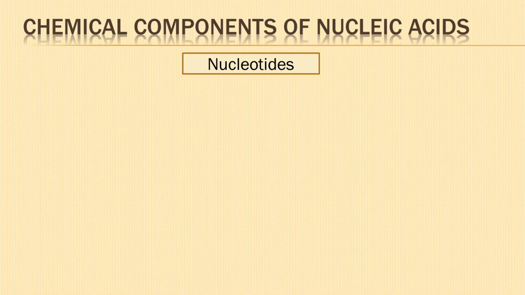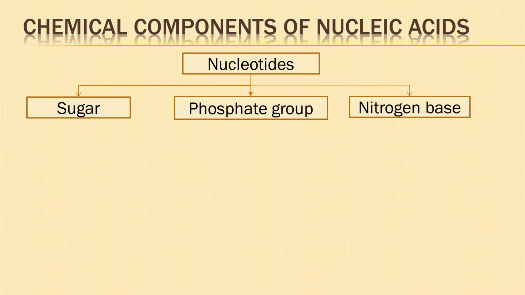Nucleotides are the structural units of nucleic acids. Each nucleotide has three components: pentose sugar called deoxyribose or ribose sugar, phosphate group, and nitrogen base.